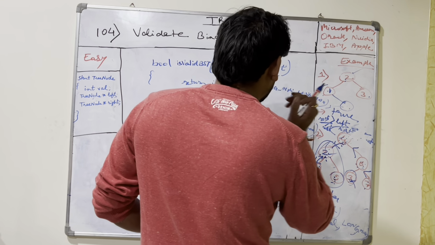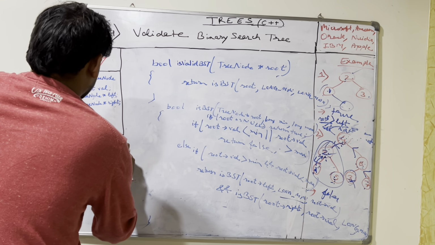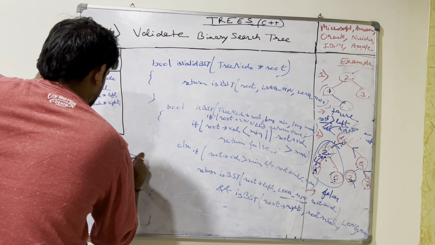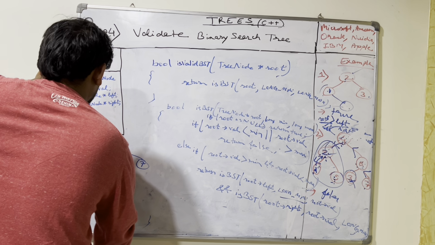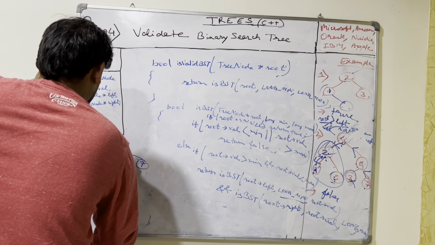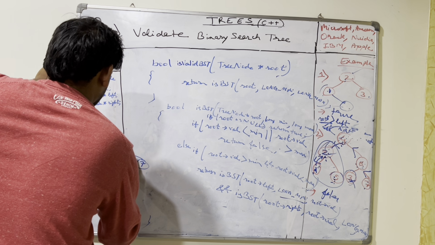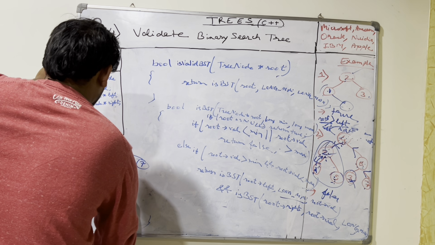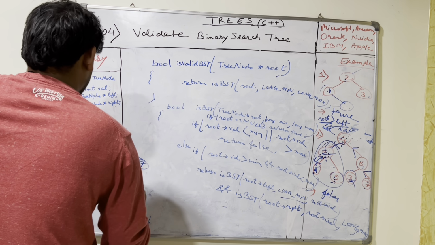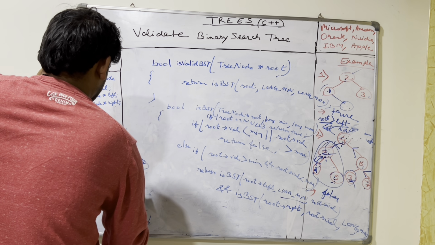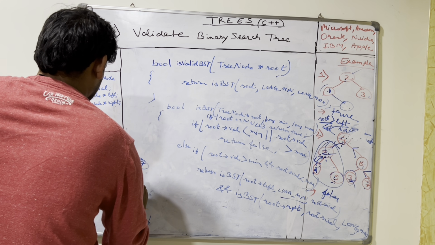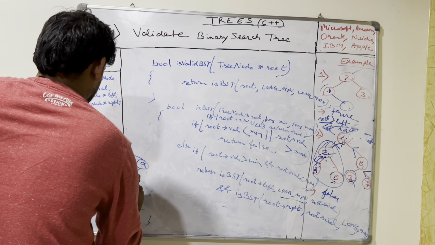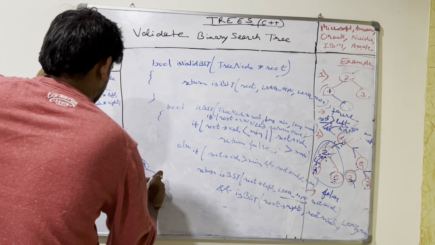So let's code this. Say, let's take an example: 5, 4, 7, 3, 6, 9, 8, 10.